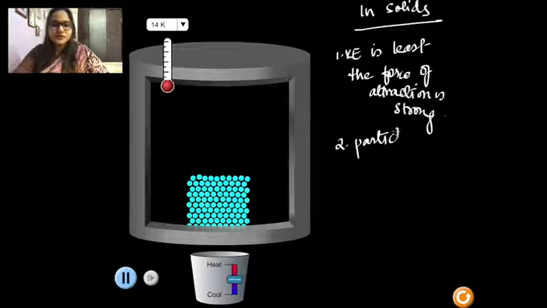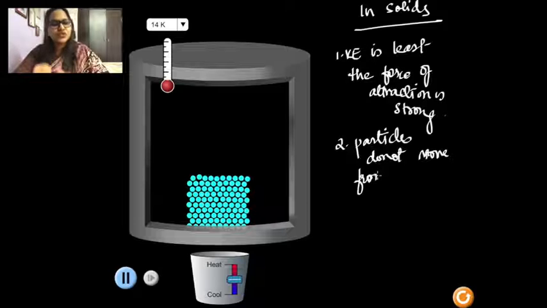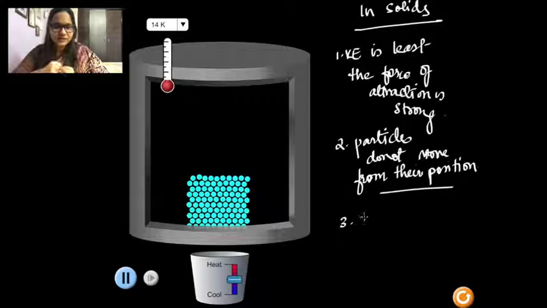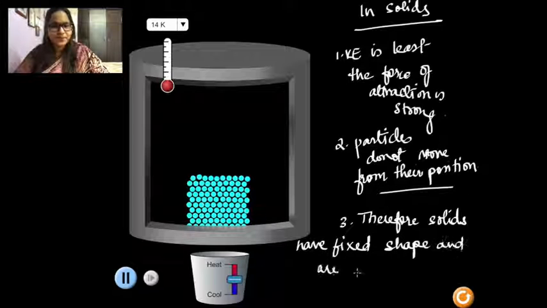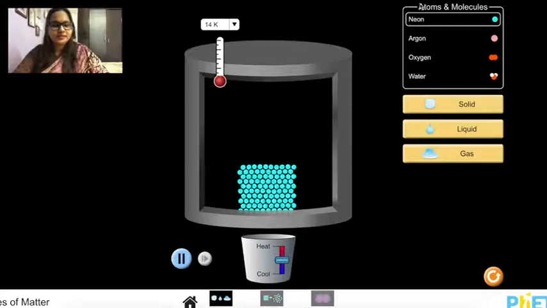The molecules of solids can just vibrate about their mean position, but they cannot migrate from one point to another, and that is because of the strong force of attraction between the particles of the solid. Thus, the solid has a definite shape and a definite volume. There are so many examples of solids around us. Metal, wood, rock, all of these are examples of solids.